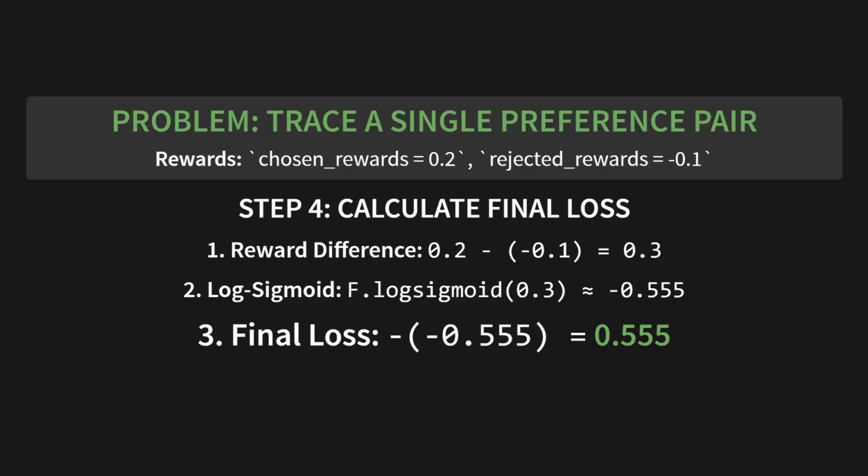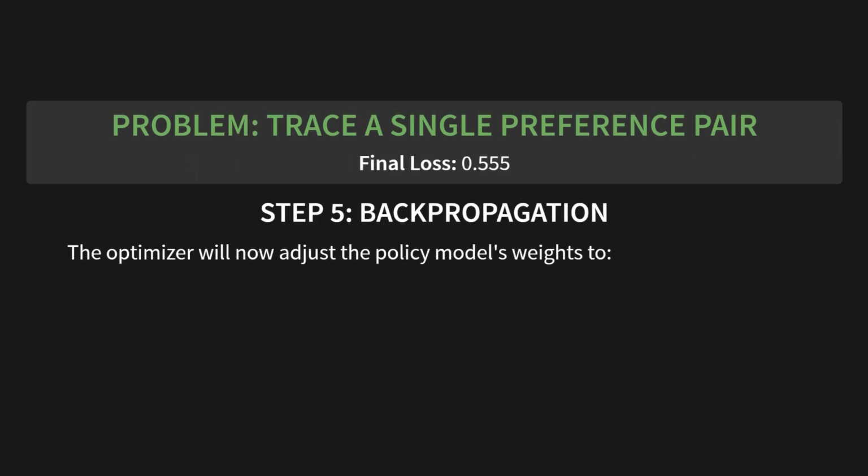Third, the final loss. We just take the negative of that number, so -(-0.555) is positive 0.555. That's our loss value. So, our final loss is 0.555.